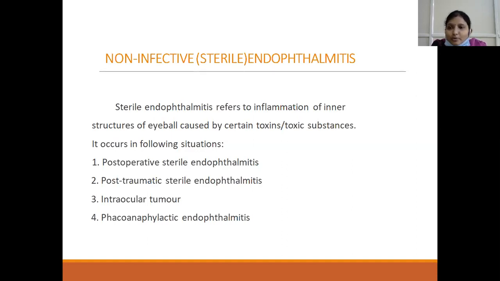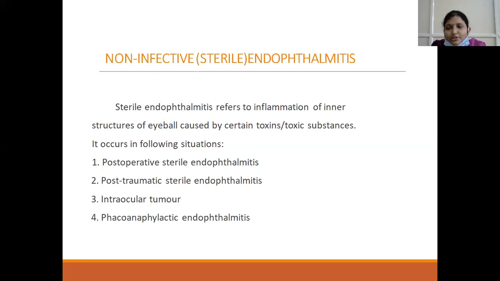So what is post-operative sterile endophthalmitis? During intraocular operations like cataract surgery, we place an intraocular lens in the eyeball after removing the cataract. How is this IOL sterilized? With the help of ethylene gas. So before placing the IOL, we have to wash the lens thoroughly.